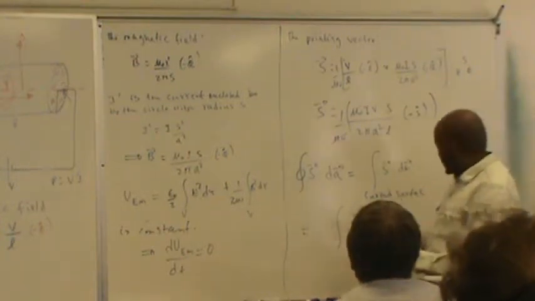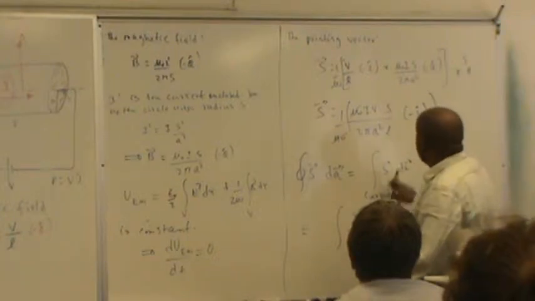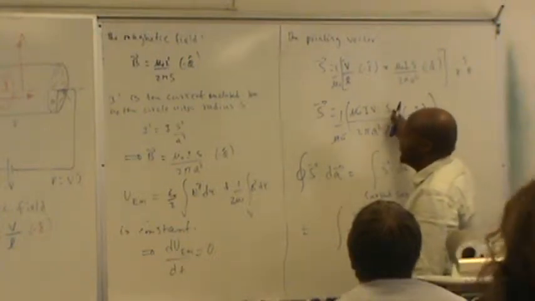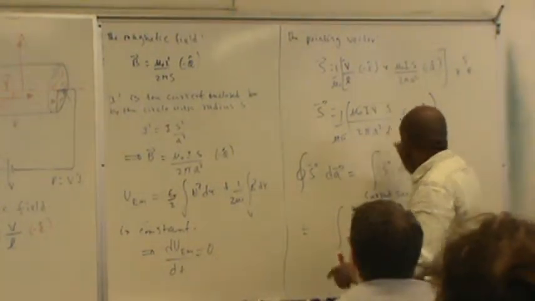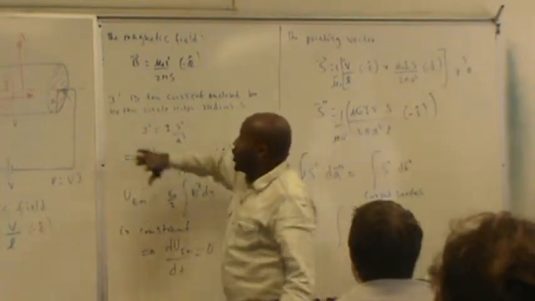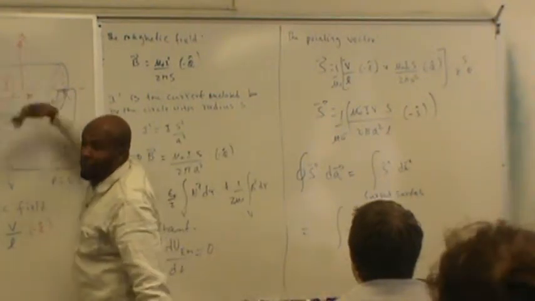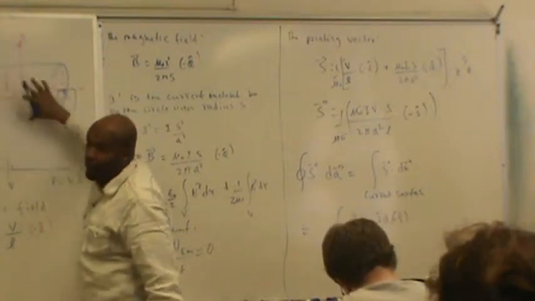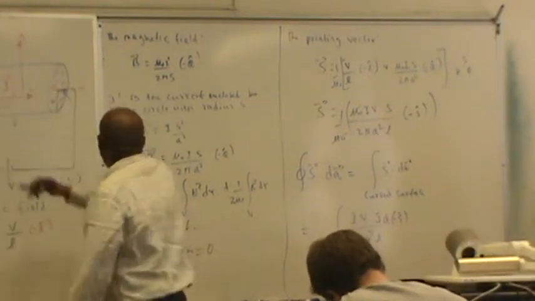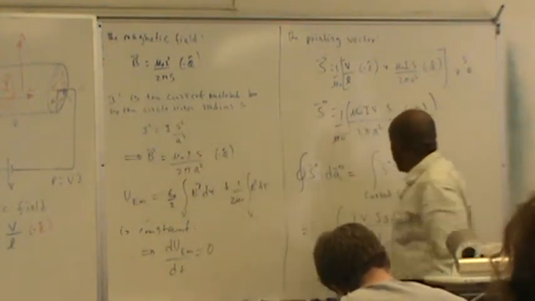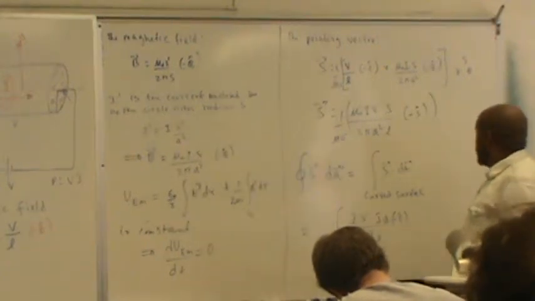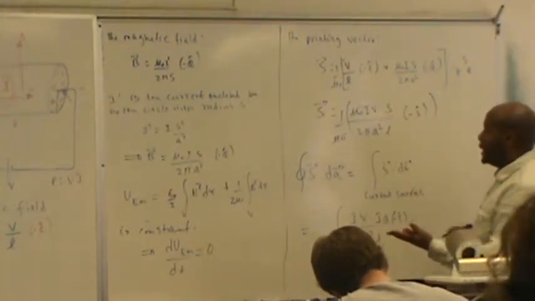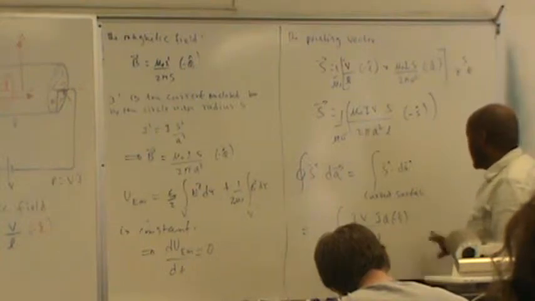And remember, here S should be what? A, because we are evaluating over a closed surface which encloses this cylinder. So we have to evaluate it at S equals A. Dotted with dA, so how can I write dA?